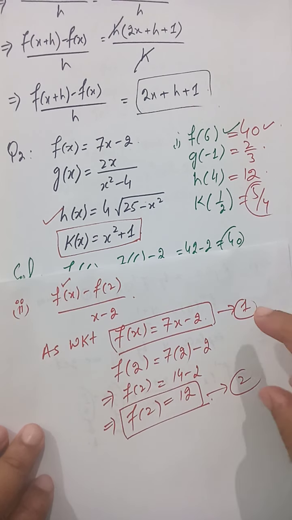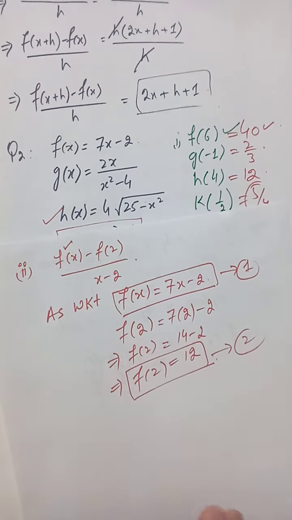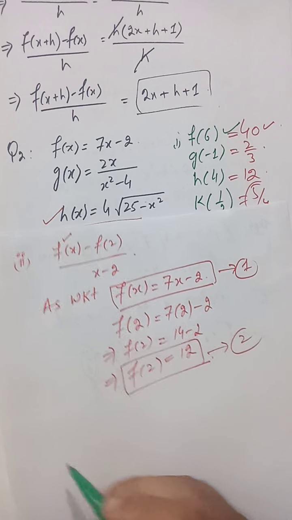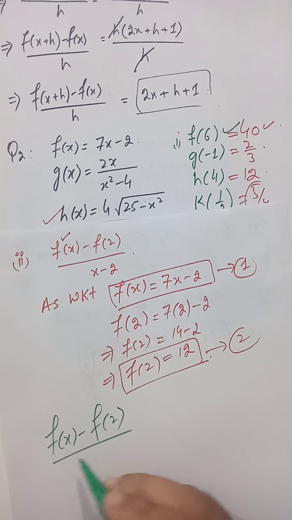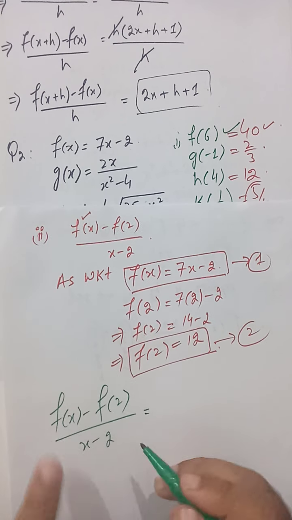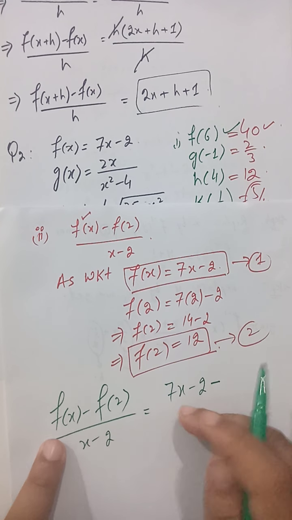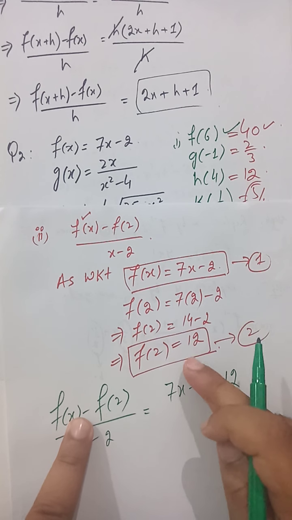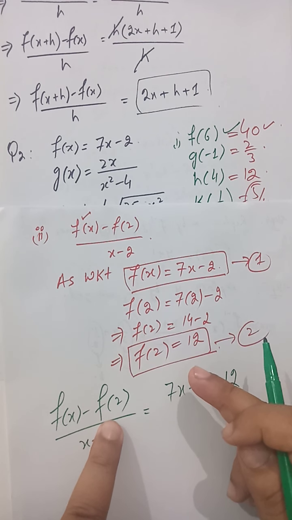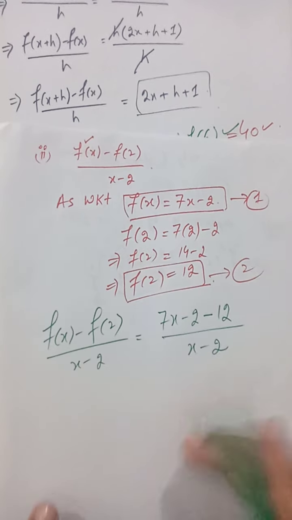So just put equation 1 and equation 2 in this required form. So f of x minus f of 2 divided by x minus 2 will be equal to, in place of f of x you will put 7x minus 2, and in place of f of 2 you will put 12, divided by x minus 2.